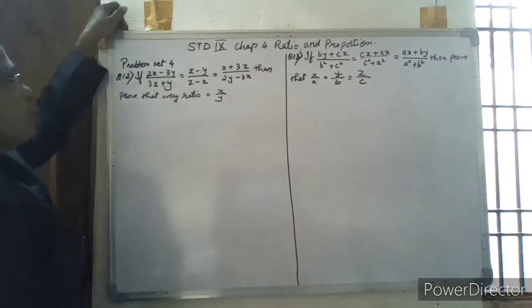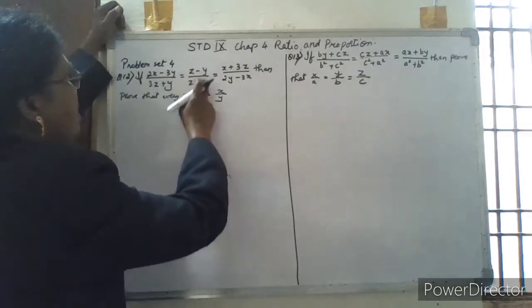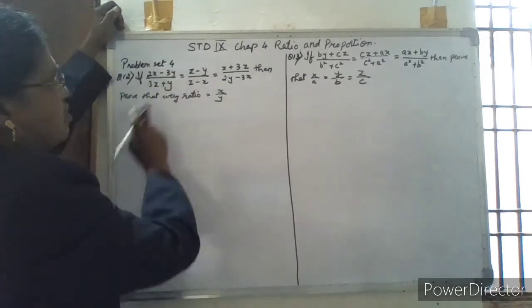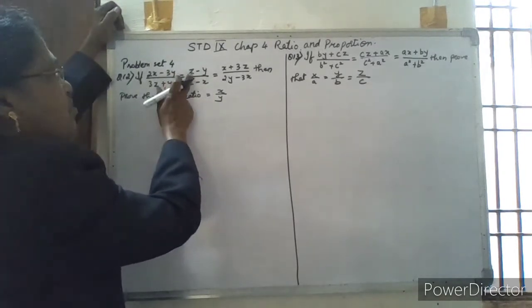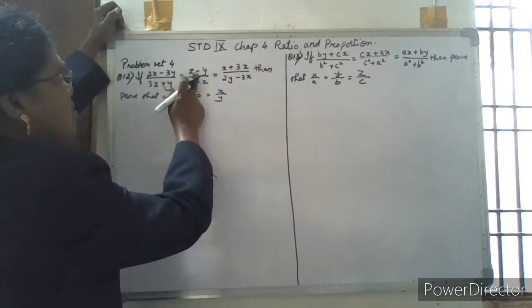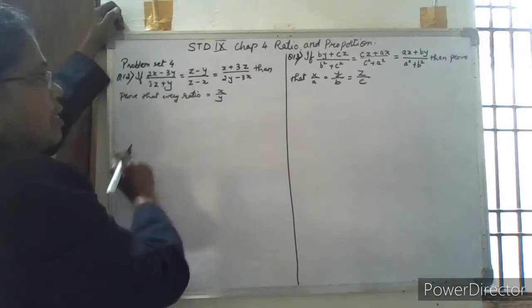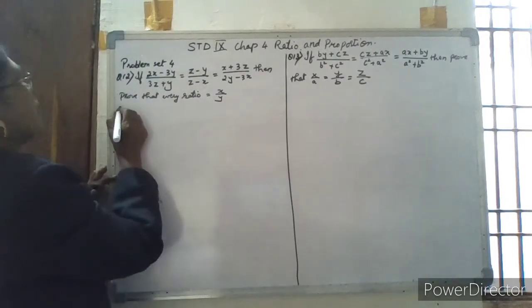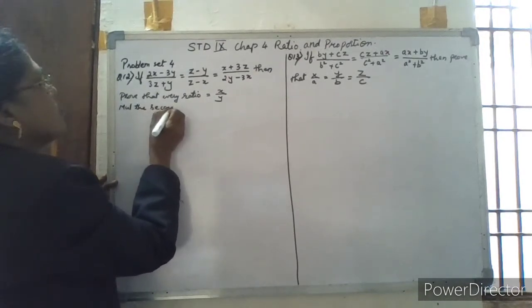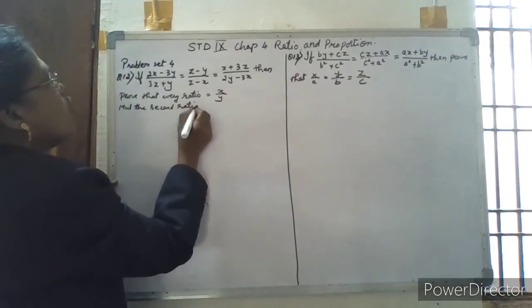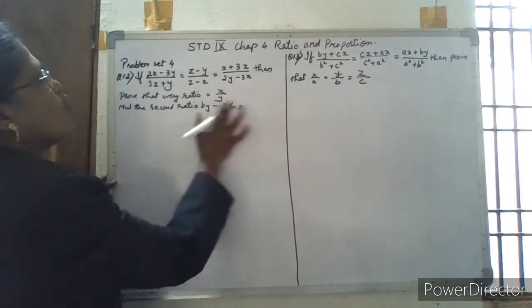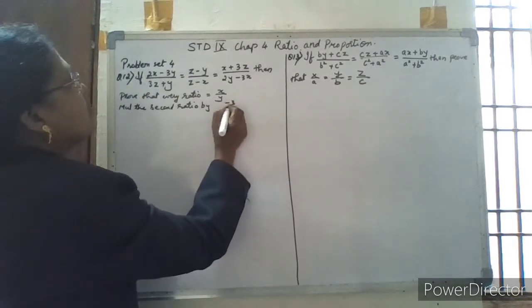So here, if I multiply this second ratio by minus 3z, see, minus 3z I will get, and plus 3z cancels. Minus into minus plus 3y and minus 3y will get cancelled. So we will multiply the second ratio by minus 3 by minus 3.